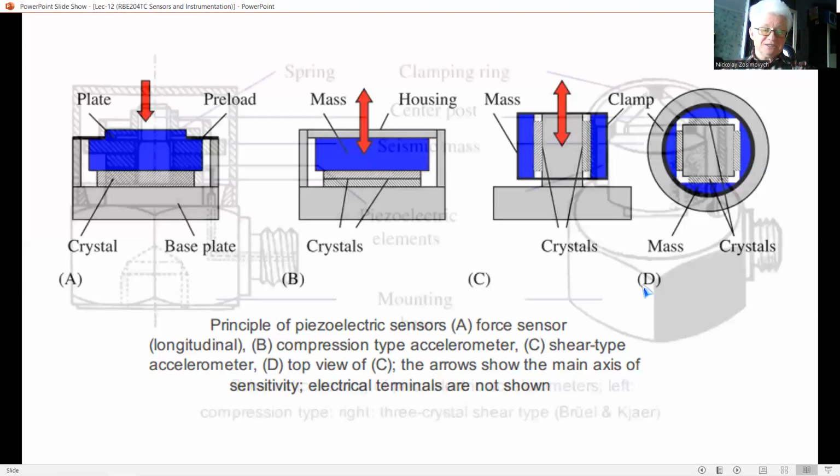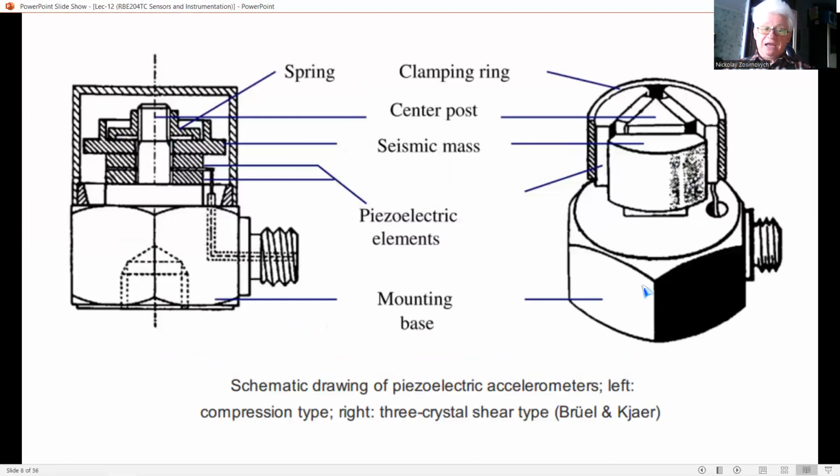The absence of moving parts allows a piezoelectric sensor to be mounted in a robust package and hermetically sealed. And this figure gives an impression of the real construction of the two accelerometer types shown in the previous figure. In both cases, the main axis is in the vertical direction, where the sensitivity has a maximum value.